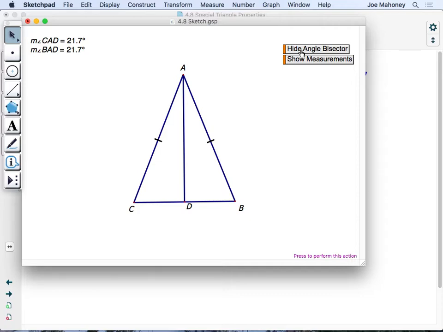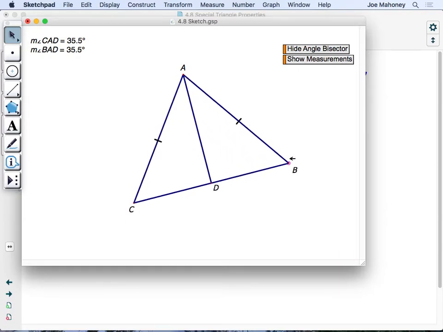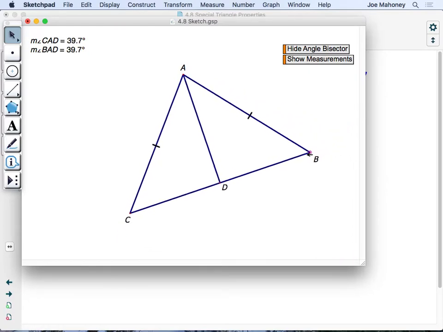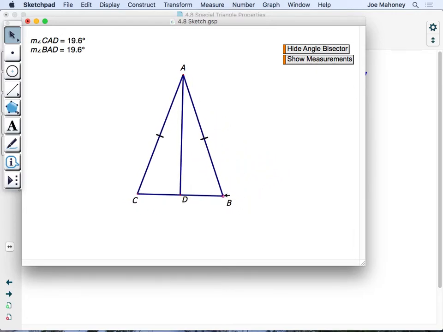Remember, since side AB is congruent to AC, angle A is the vertex angle. Notice that I divided the angles into degree measures of 21.7. If I drag my triangle around, please notice that the bisector remains true. Now the angles are 47.4 degrees. So I can move my angles around a lot.